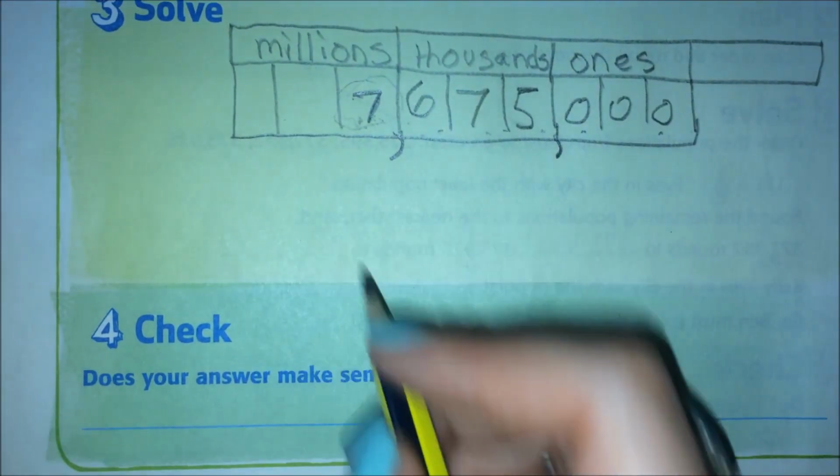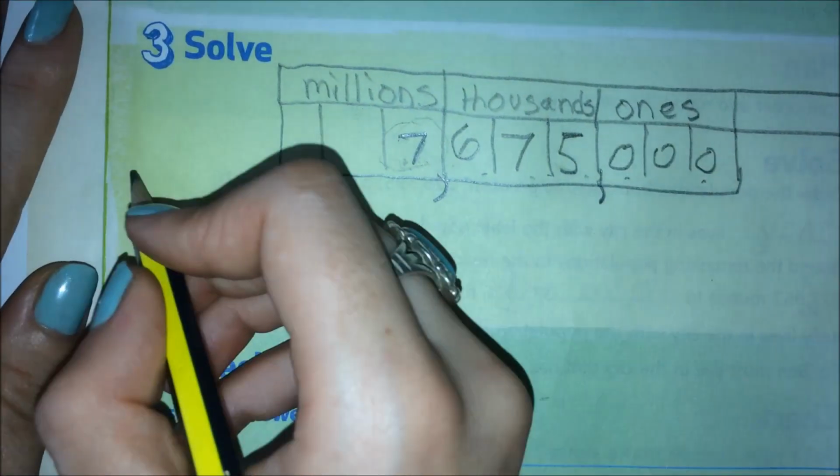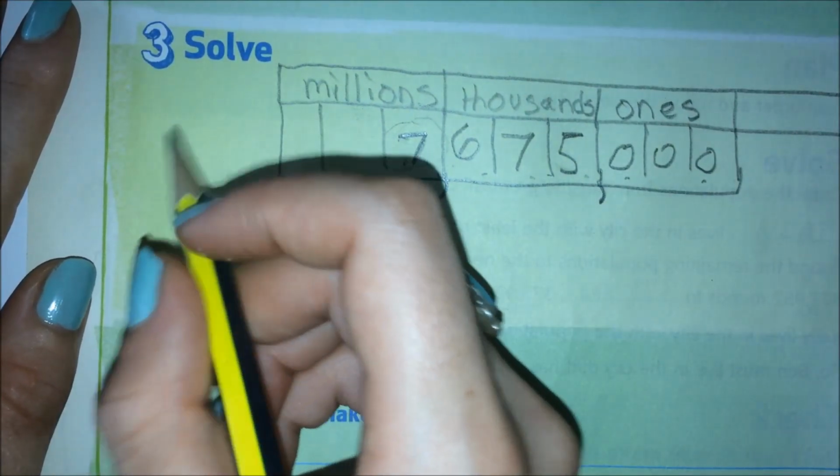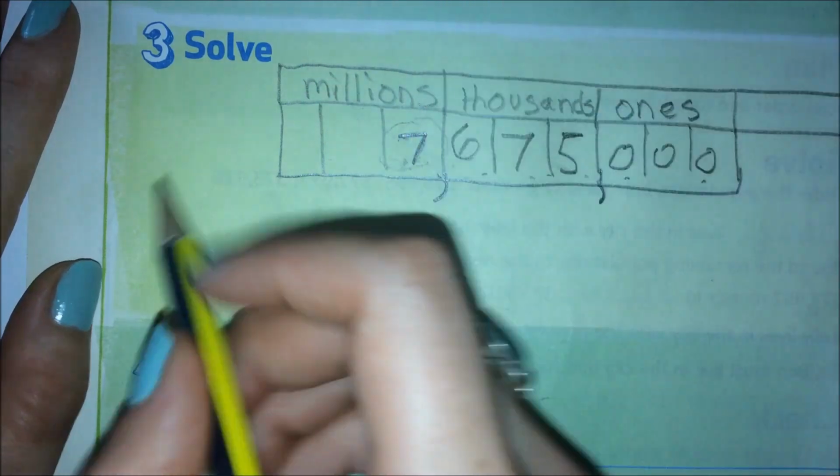Okay, so we know. All right, so our answer would be, we got to write the sentence. So what's the question again? What is the estimated amount of money?